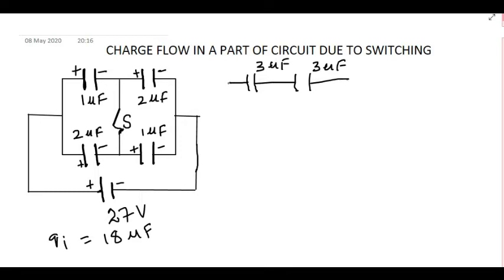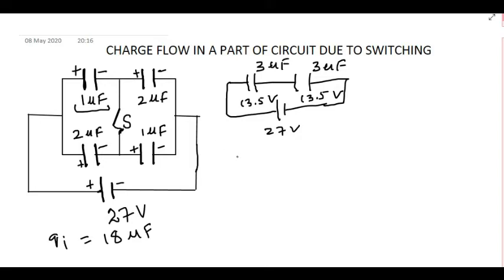So this total potential of 27 volt will get divided into two equal parts, 13.5 volt across the first and 13.5 volt for the second one. It means that across the 1 microfarad of this portion, the potential drop will be 13.5 volt.